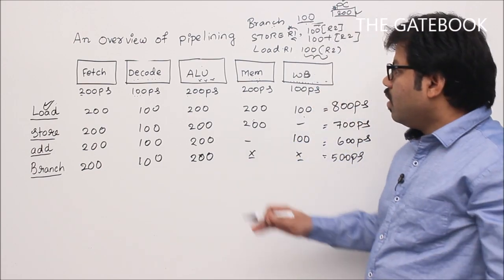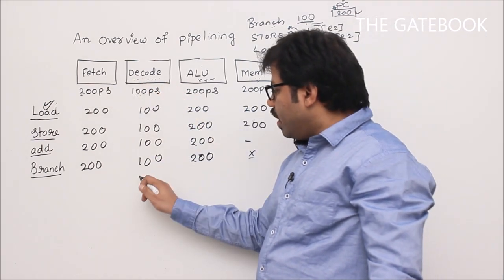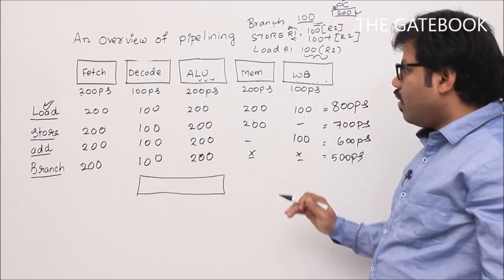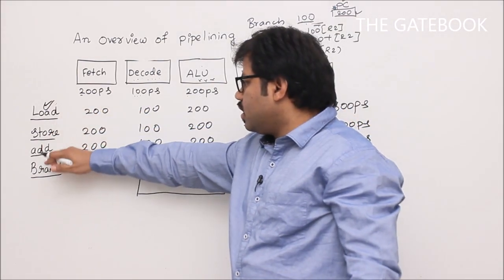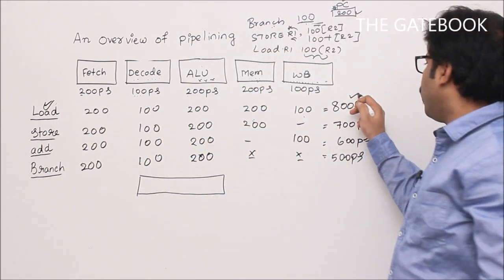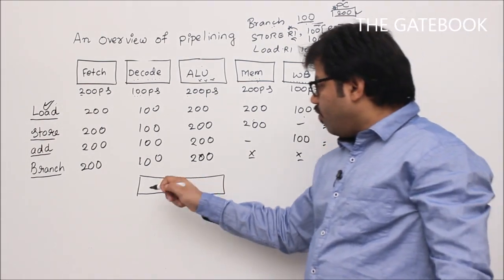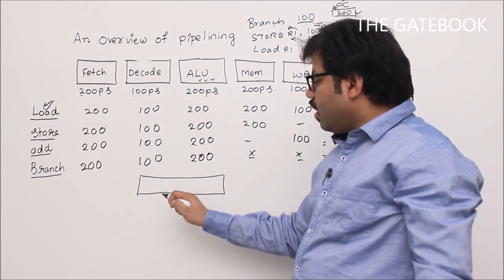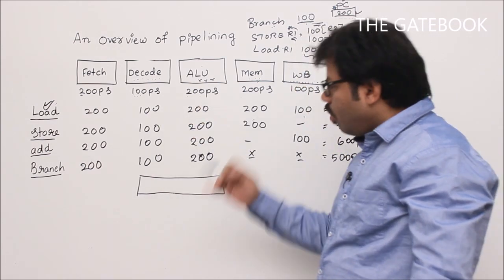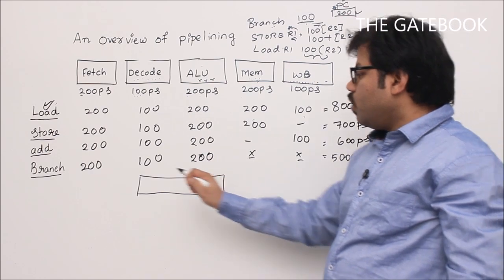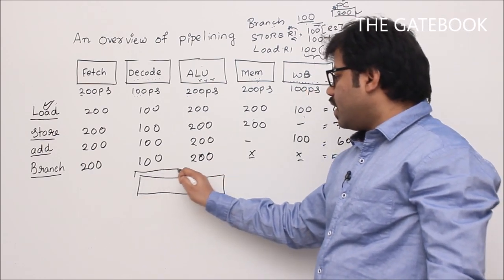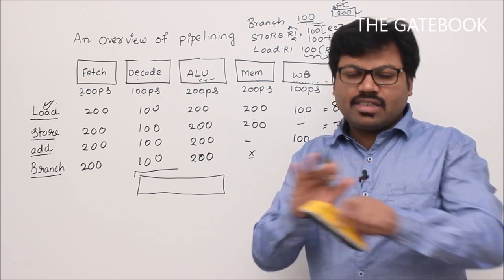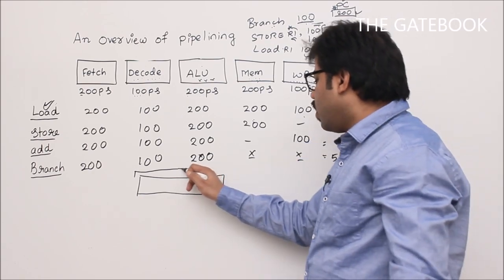Now finally, if you have to design hardware, we have to remember one thing. In these four instructions, which one is lengthiest? 800 picoseconds. Then why am I teaching all these things? Because to execute any instruction properly without any mistakes, let's say you design your circuit so that the entire instruction execution is performed in one clock cycle.